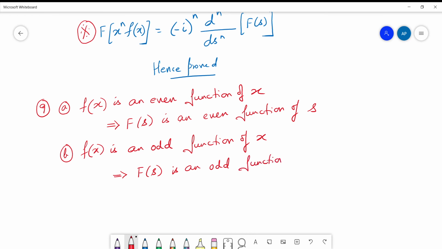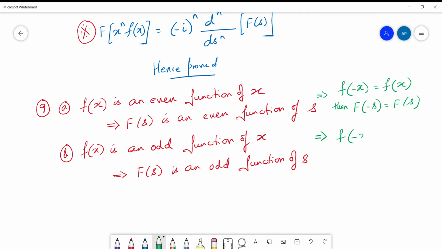So what does this actually mean? If f of minus x is equal to f of x, that is what an even function means, then capital F of minus s is equal to capital F of s. This is what you mean by saying F of s is an even function of s. Here, what does this mean? If f of minus x is equal to minus f of x, then that's what an odd function means.